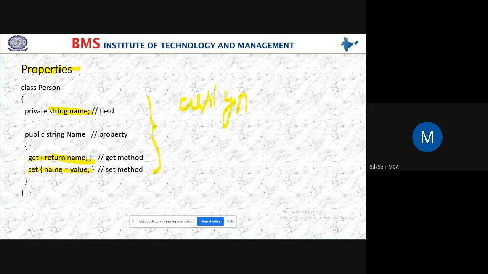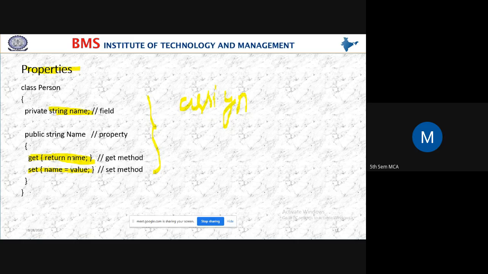Whatever value comes will be assigned to the variable name. And using the get method, we return or display the value on the monitor as output, using the return statement.